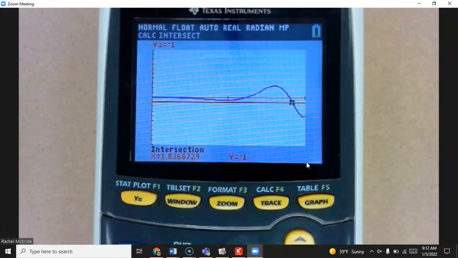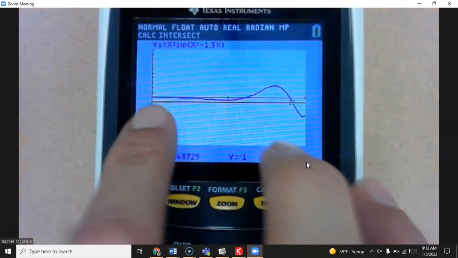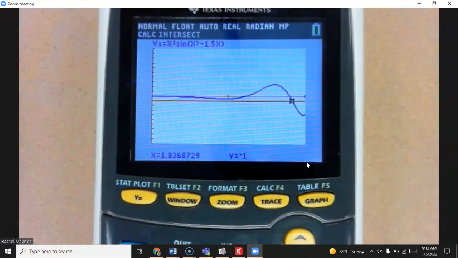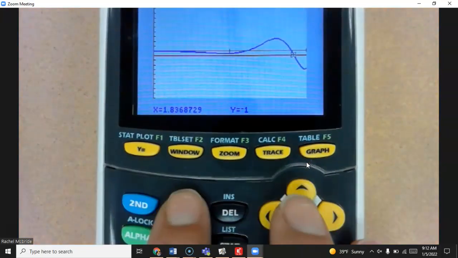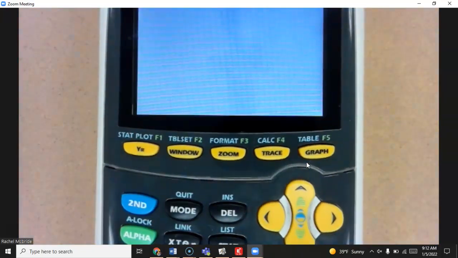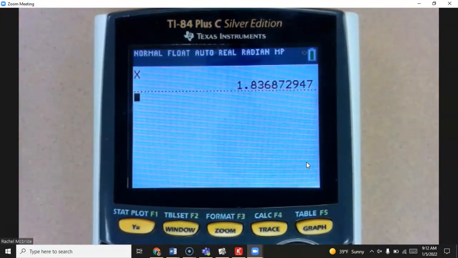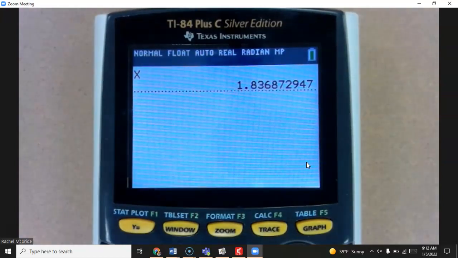That answer is now stored in my calculator in X. Watch, this is kind of cool. If I hit second quit, go to my home screen, hit the X key and just hit enter, the point of intersection is stored in my X value. Does that make sense?